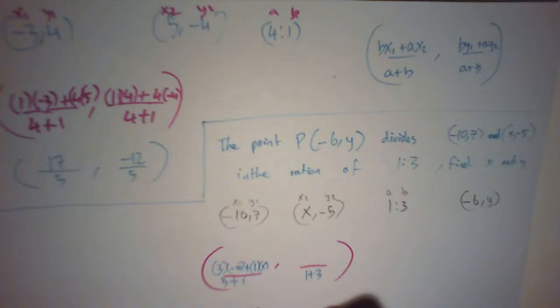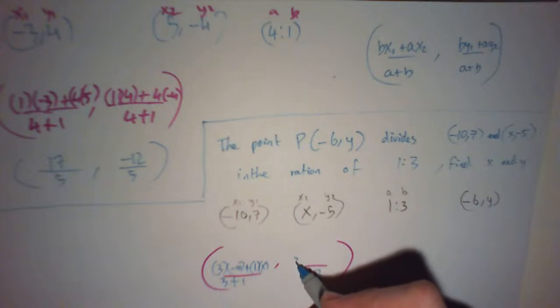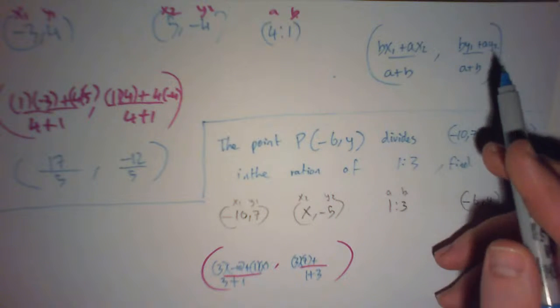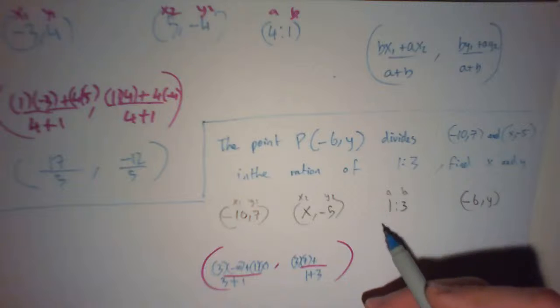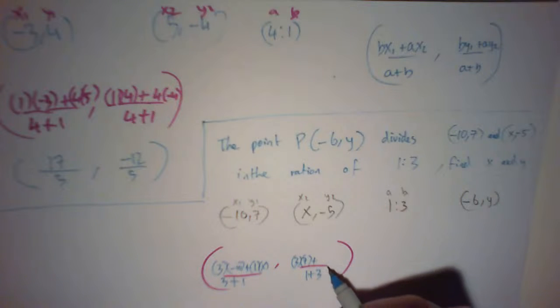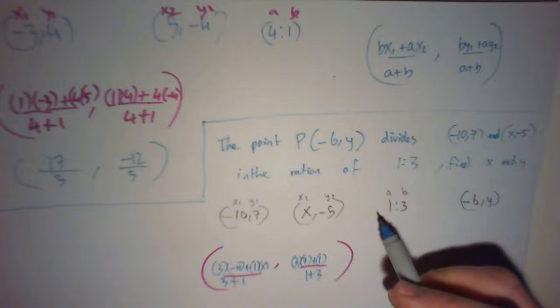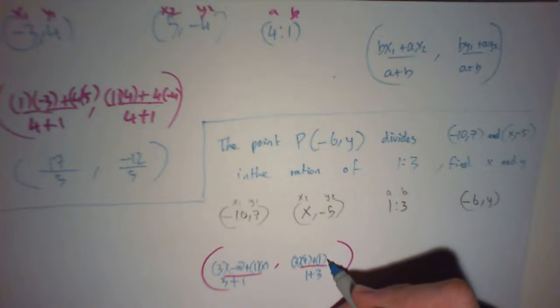Now, let's do the other one. B times y1, 3 times 7, plus A times y2, 1 times y2, minus 5, isn't it?